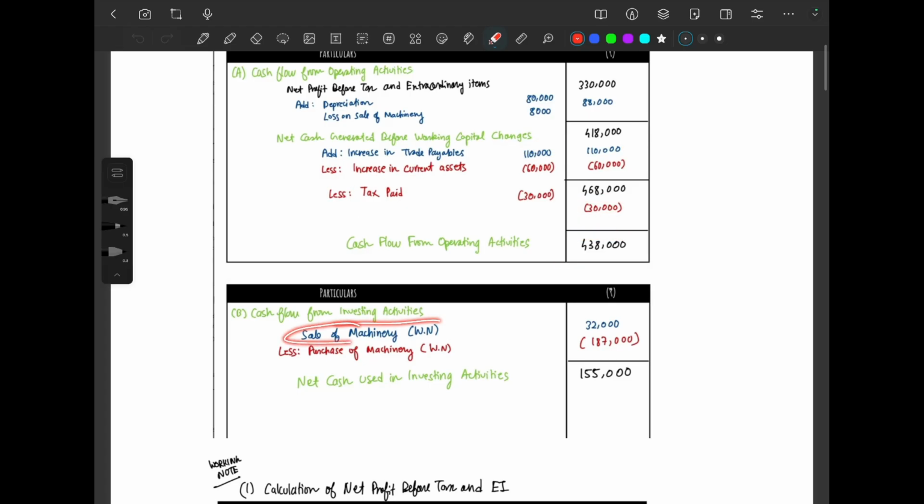Investing activity: sale of machinery 32,000, purchase of machinery 1,87,000, and the investing activity was 1,50,000.